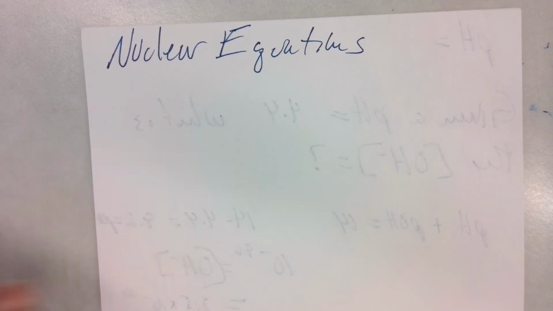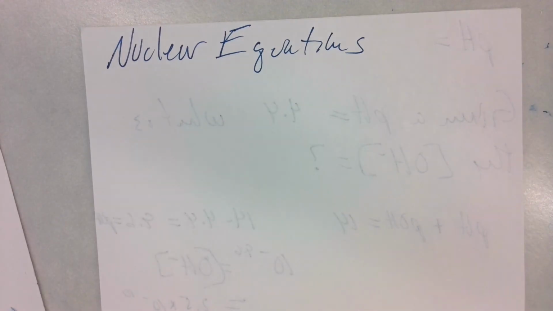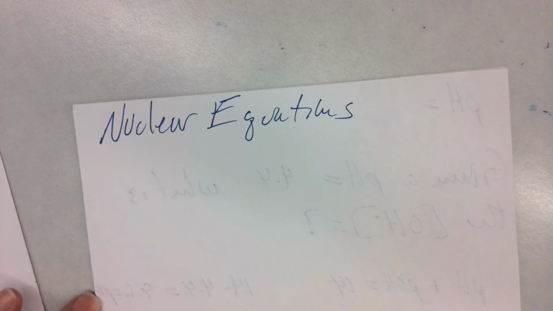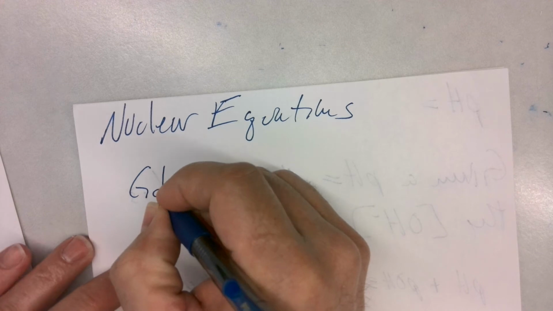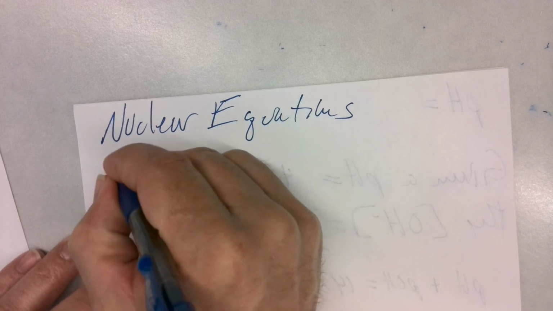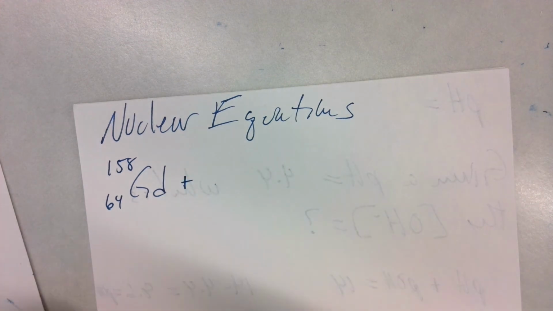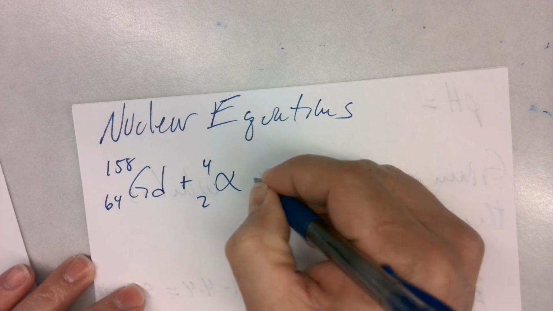So if I gave you, you know what, should we make one up really quick? Let's say I gave you gadolinium. Let's say I gave you Gd 158 and 64, and let's say I bombard that with an alpha particle, alpha 4 and 2, right?